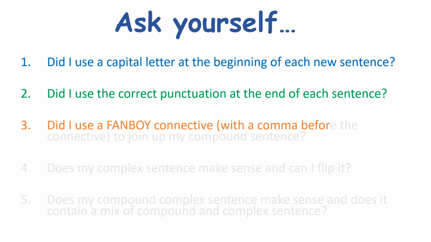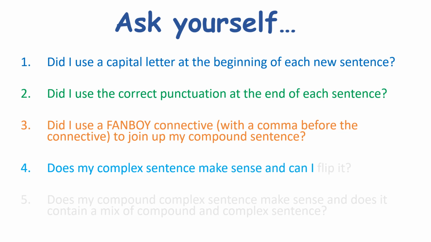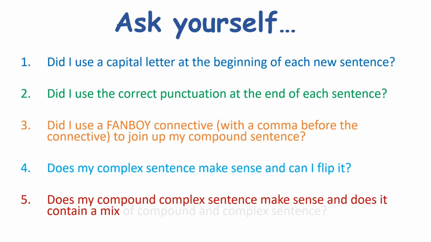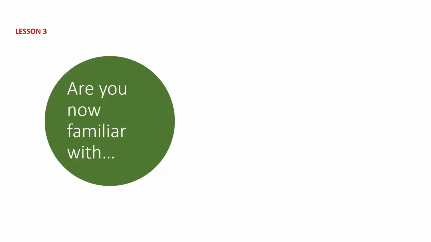Did I use a FANBOYS connective with a comma before the connective to join up my compound sentence? Does my complex sentence make sense? And can I flip it? Does my compound complex sentence make sense? And does it contain both a compound and complex sentence?